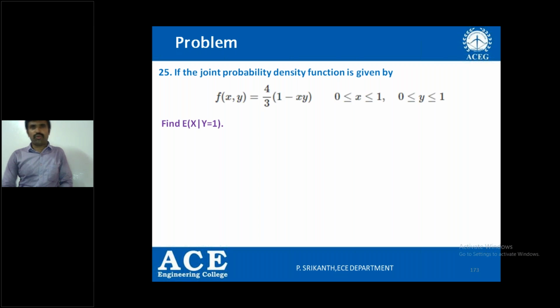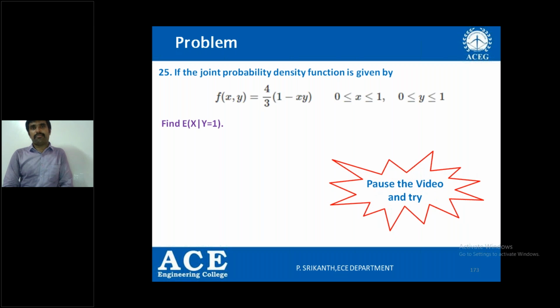Same method, but the only thing is, in the previous problem, we had discrete random variables, so we took the expectation in the form of summations. Now it is a continuous random variable, so you need to take the expectation in the form of integrations. Am I clear? Pause the video and try to solve.